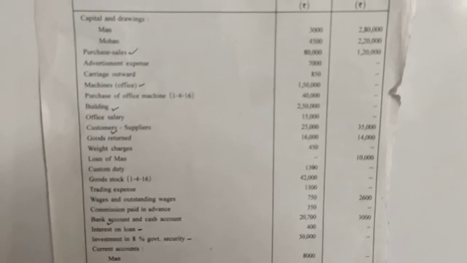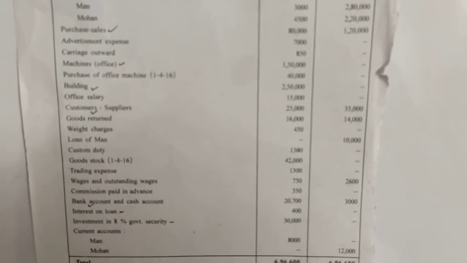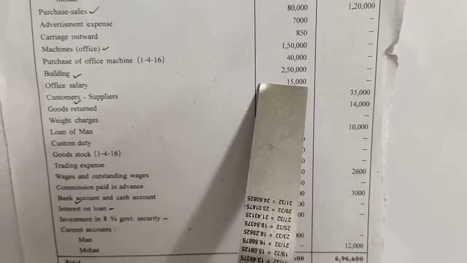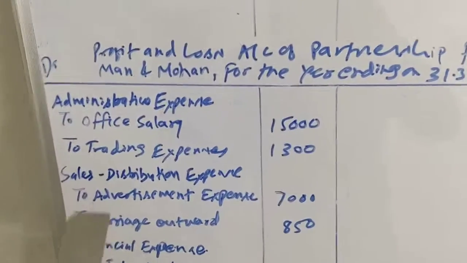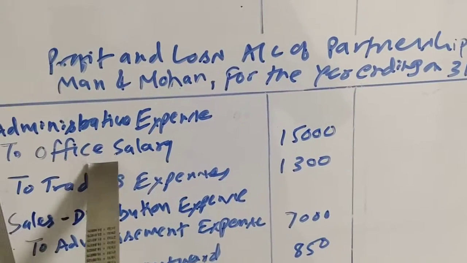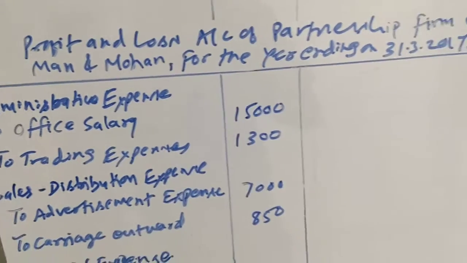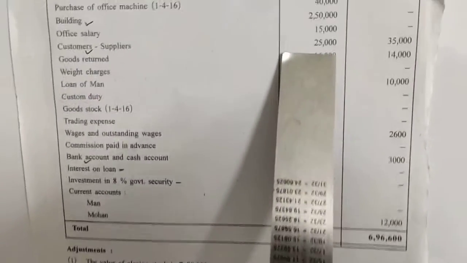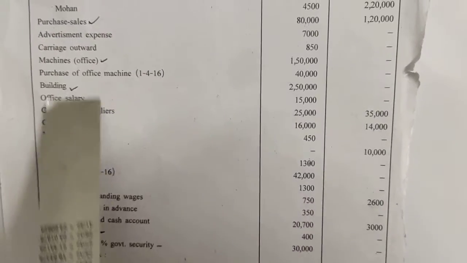The next item, office salary rupees 15,000. So it is an administrative expense, debit side of profit and loss account, to office salary 15,000. Next item is customers and suppliers 25,000 and 35,000 respectively.